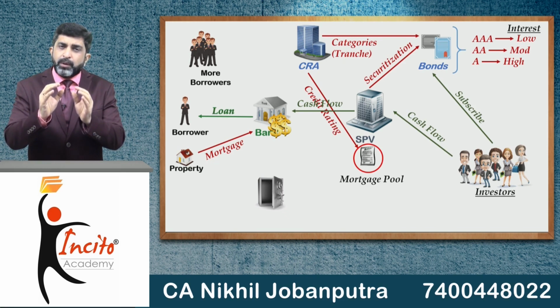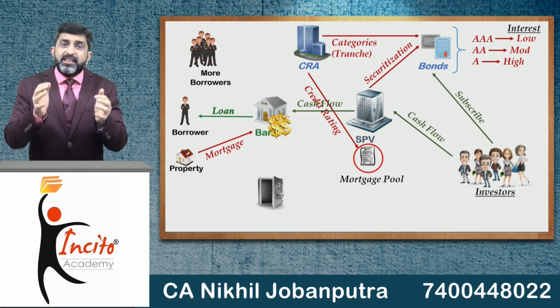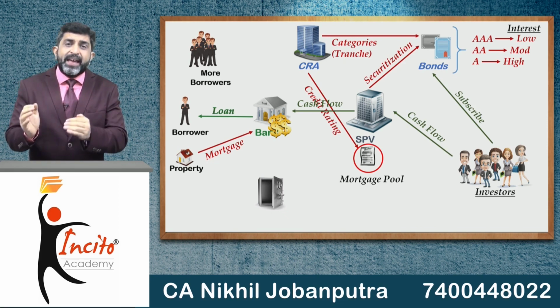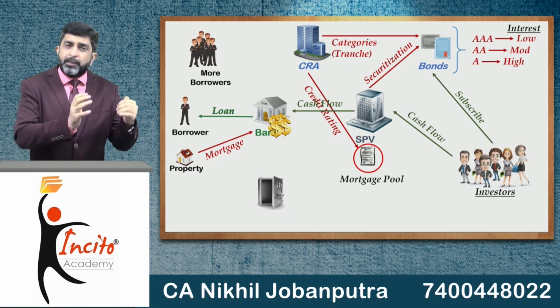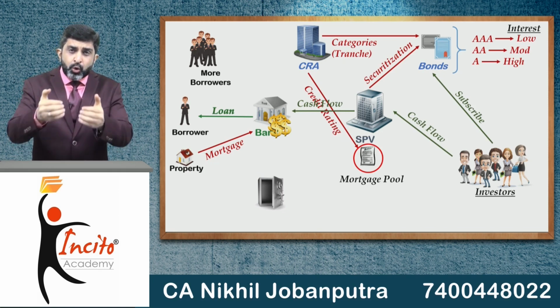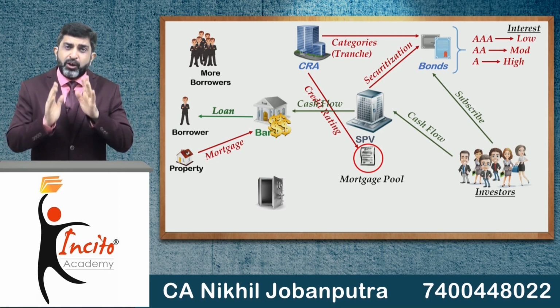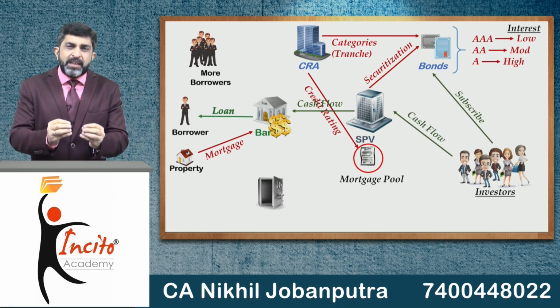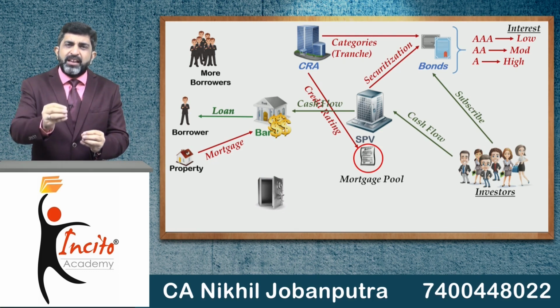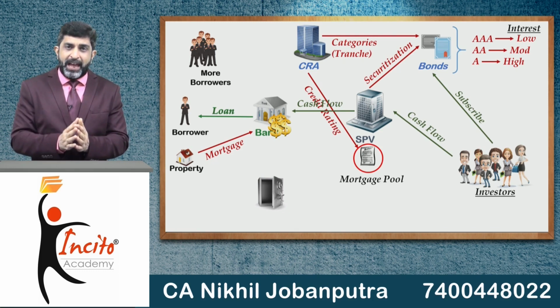So the rate of interest will be fairly low. That means SPV or special purpose vehicle or special purpose entity is able to get the subscription of these securities at a very low rate of interest. Assume that such low rate of interest is just 6% per annum.